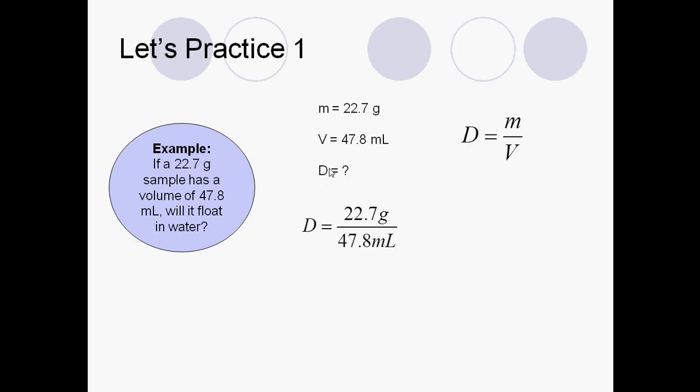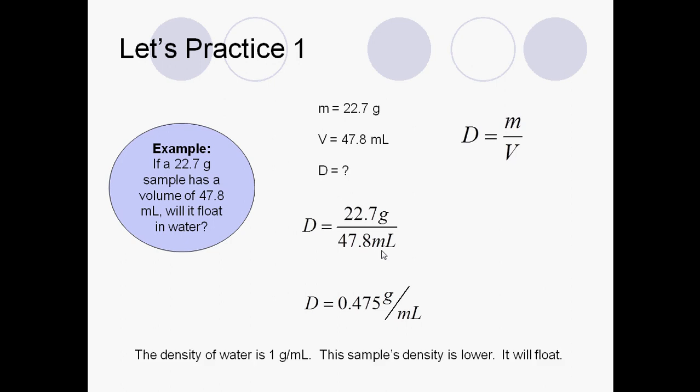So we use our density equation, plugging in our mass and our volume. We do our division. We want 3 significant figures because there's 3 significant figures here and 3 significant figures here. And we get that in grams per milliliter because these are 2 different labels, so they do not cancel out. If our density is 0.475, that's less than 1, and so this object should float.